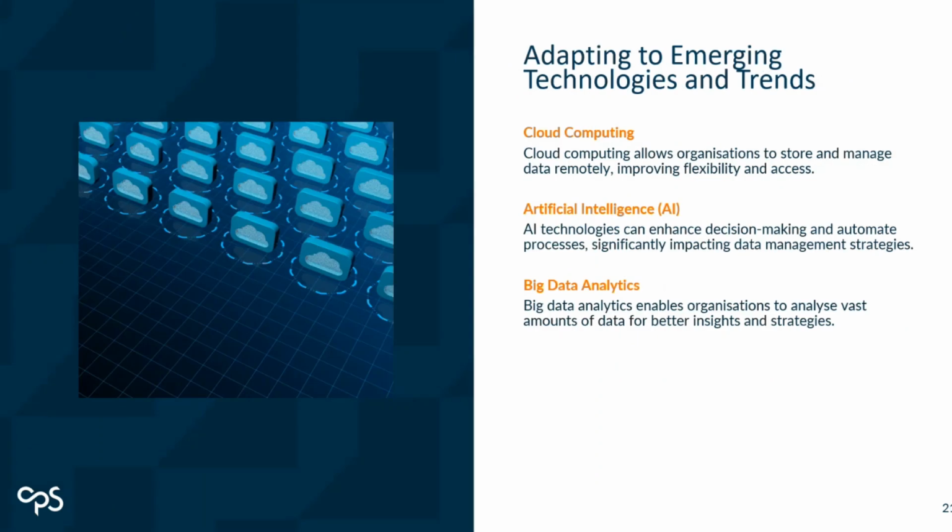But also adopting emerging technology. Now, cloud computing, I'm sure a lot of you have already embarked on. Obviously, we're a Microsoft partner, so we utilize the likes of 365, Entra, Azure, that kind of platform is pretty much prevalent. I've worked in industries where I've moved from an on-premise solution to cloud computing. That does offer a lot of flexibility, but it also does de-risk some of that strategy.